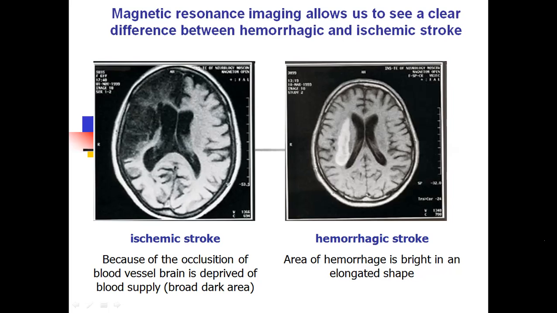And in cases of hemorrhagic stroke, the area of hemorrhage is bright in an elongated shape, as here.